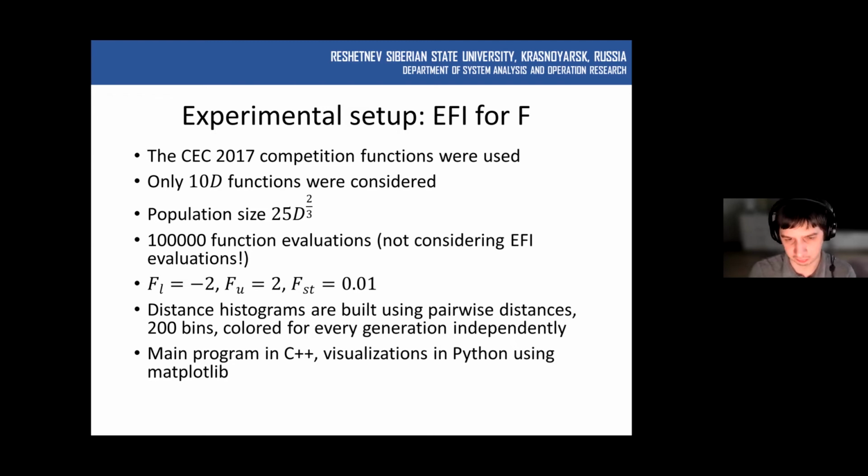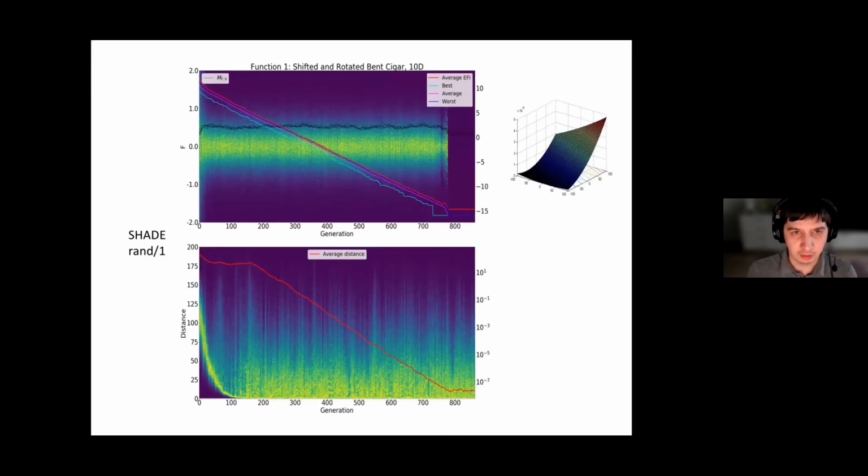We also made distance histograms of pairwise distances between individuals. And so this is what we got. For example, this is the bent cigar function. So the upper part is expected fitness improvement. Larger improvements are shown in yellow, smaller improvements are in purple.